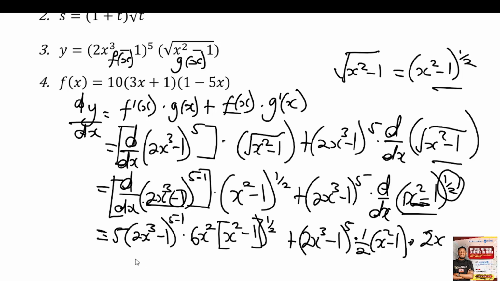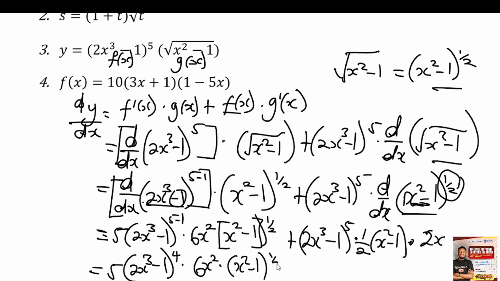Alright. So this gives us 5 times (2x³ minus 1) exponent 4 times 6x² times (x² minus 1) exponent half plus (2x³ minus 1) exponent 5.